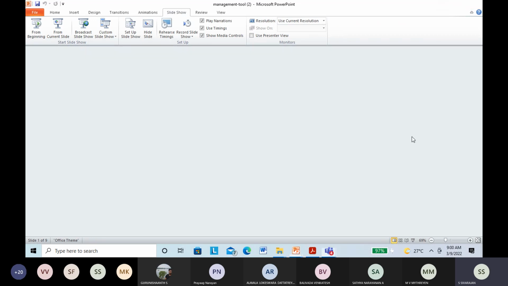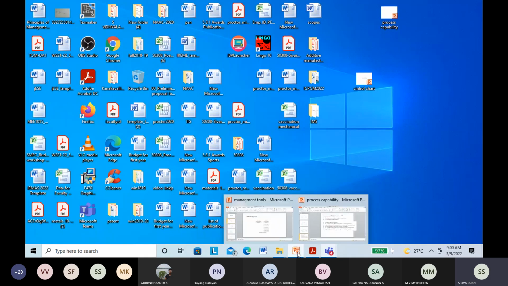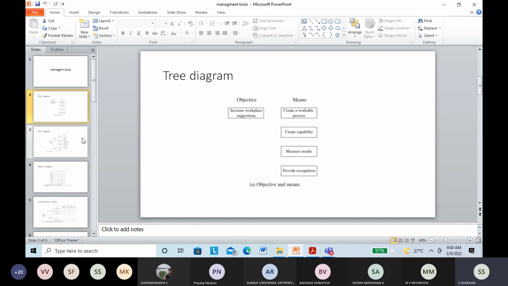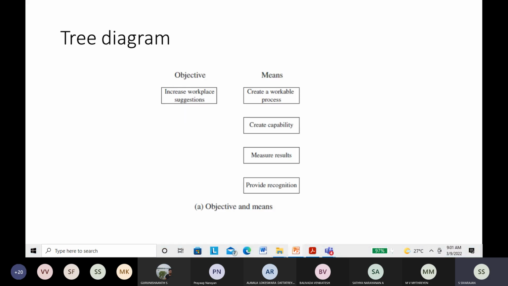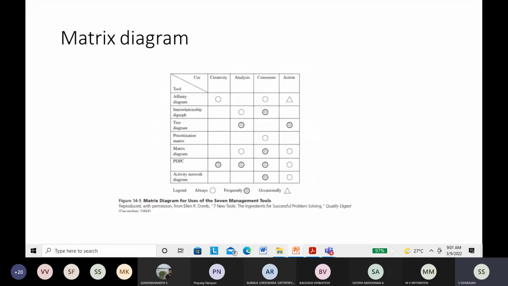And the next thing is the matrix diagram.